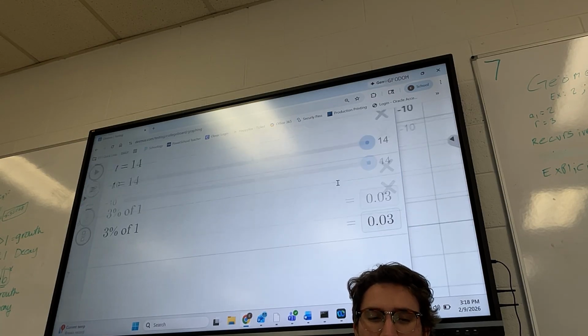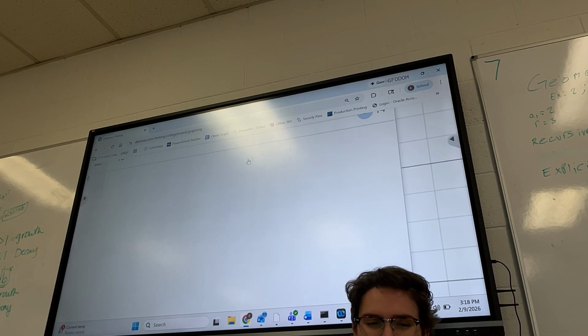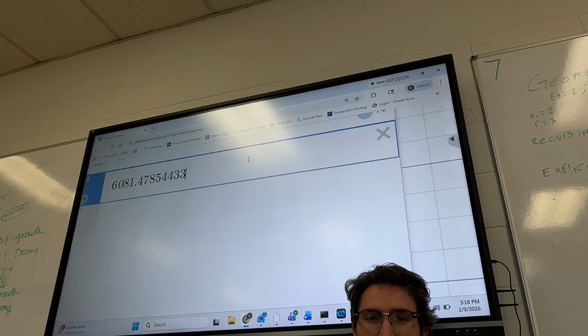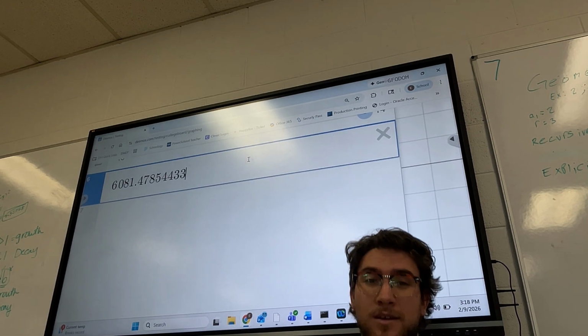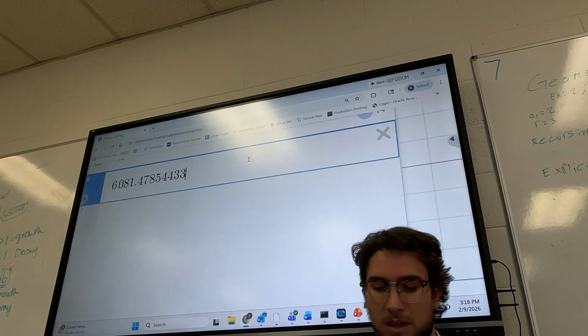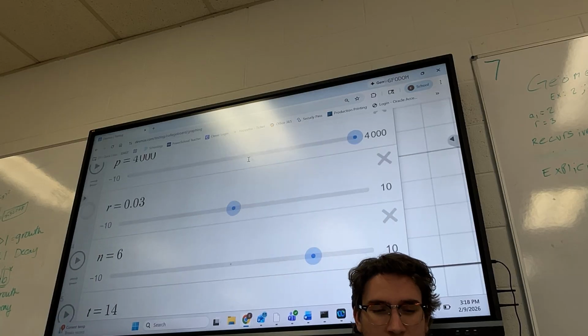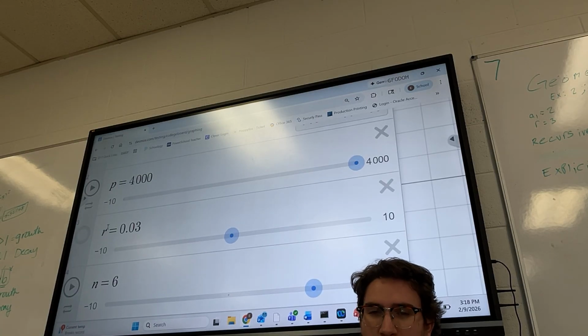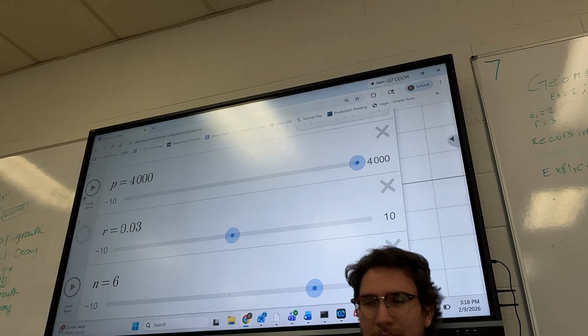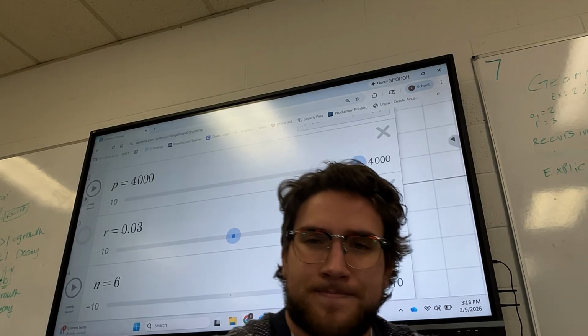We're going to copy that and paste it down here. We're going to be comparing it with the same principal, same rate. I'm going to move this.